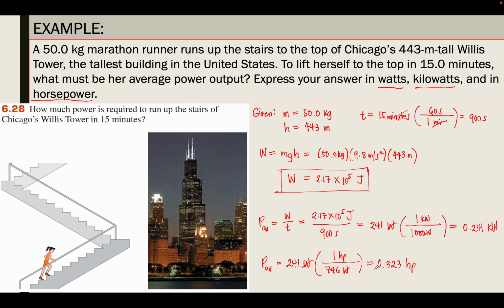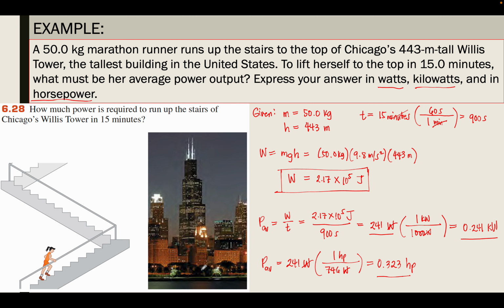So we now have our values in terms of watts, which is 241 watts, in terms of kilowatts, 0.241 kilowatt, and in terms of horsepower, 0.323 horsepower. So this must be the average power output of this marathon runner for her to be able to lift herself to the top in 15 minutes.